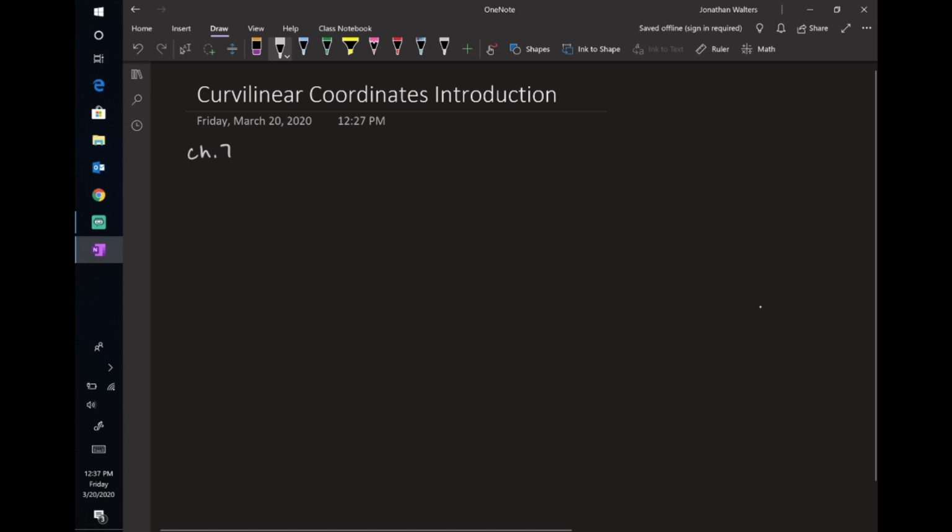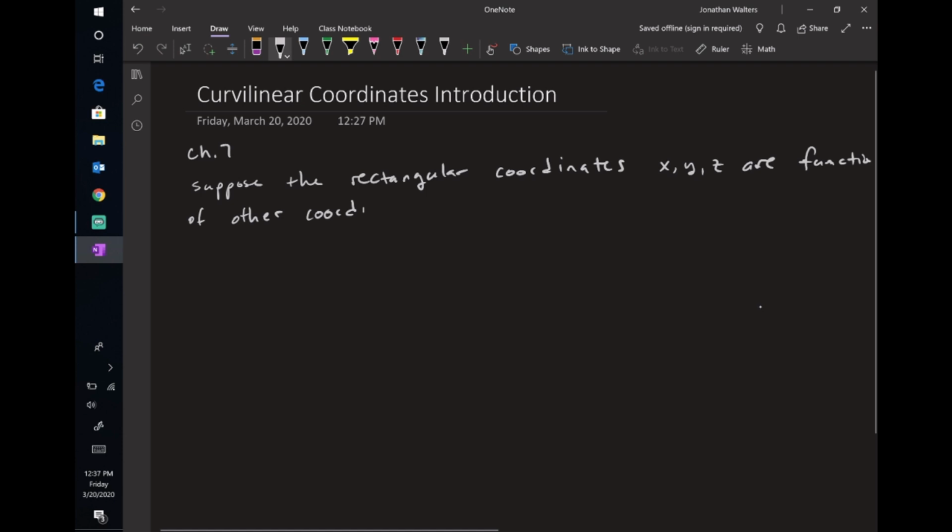And so really the idea is, suppose that the rectangular coordinates x, y, and z are functions of other coordinates, and we'll call those u1, u2, and u3.